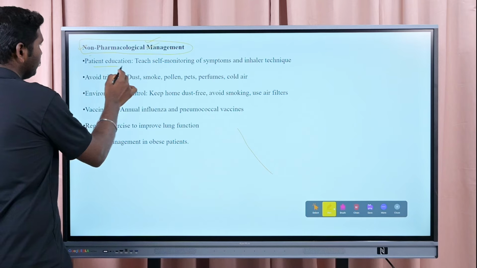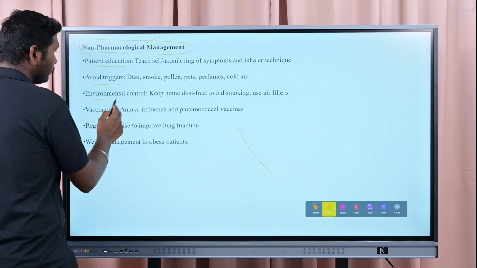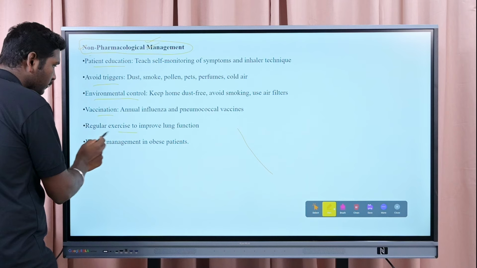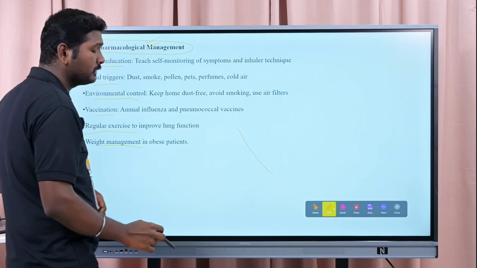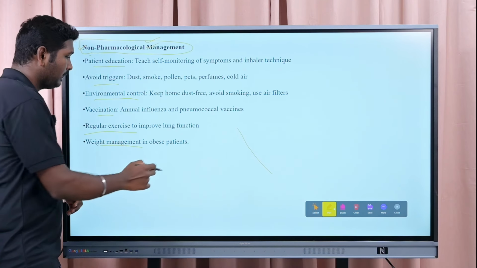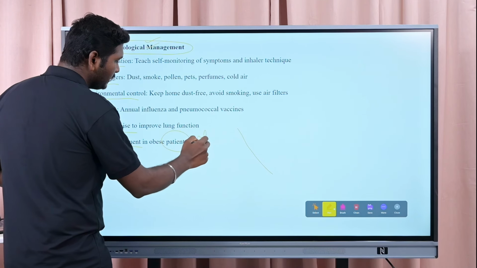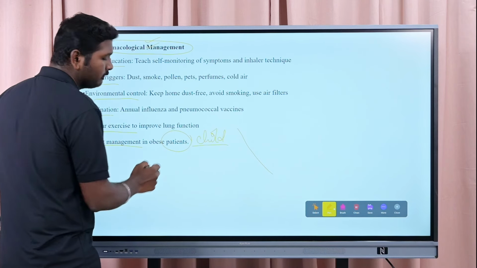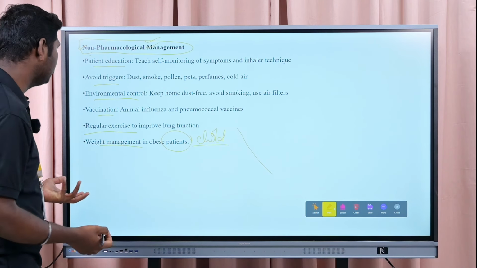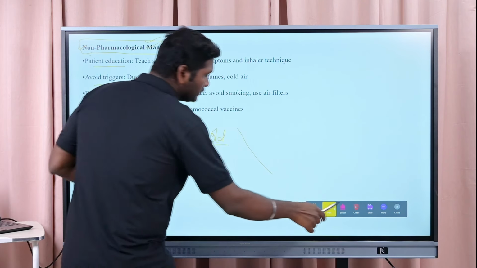Non-pharmacological will be patient education, avoiding triggers, environmental control, vaccination, regular exercise and weight management in the patients, here it is the child. An obese child may be there because of macrosomia or whatever it may be. So this will be the non-pharmacological management.